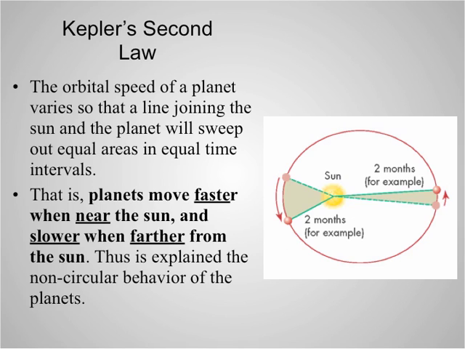Kepler's second law is that while orbiting, planets sweep out equal areas in equal time intervals. For example, in the diagram you see here, the fat wedge of area on the left-hand side, representing 2 months of time, is fat in size, but the area is the same as the thinner wedge on the right, which also represents 2 months of time.